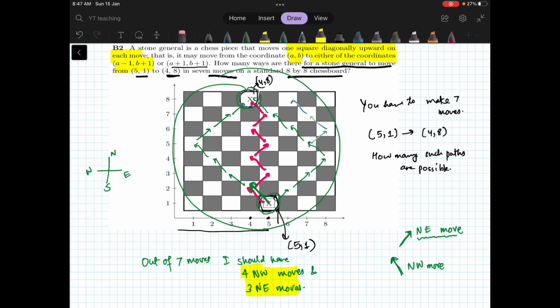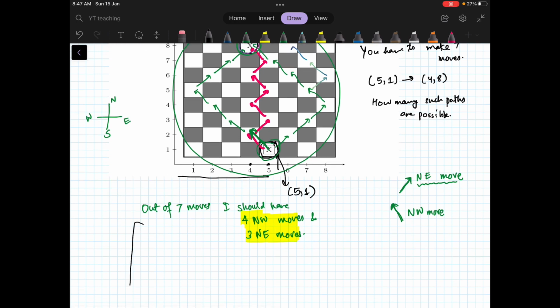Right? And now there are seven positions. So it's like this, that you have seven moves like this: 1, 2, 3, 4, 5, 6, 7. I can fill them with northwest or northeast moves, but I want that out of these seven moves, four should be northwest. So if I choose 7C4, I choose four positions where I put my northwest moves, then automatically northeast moves will be fixed.